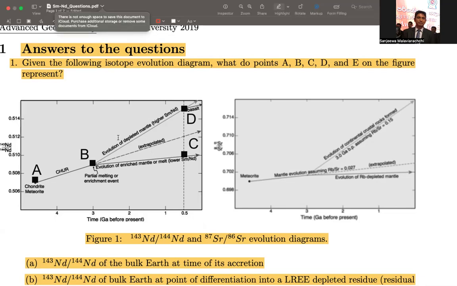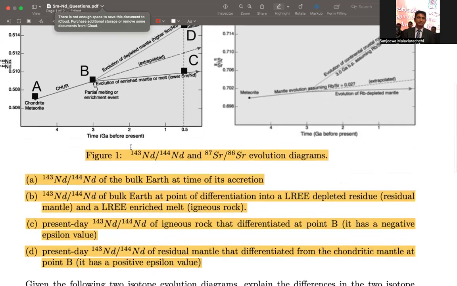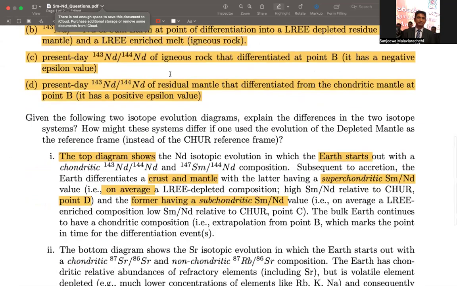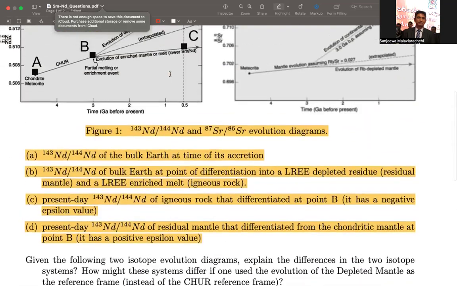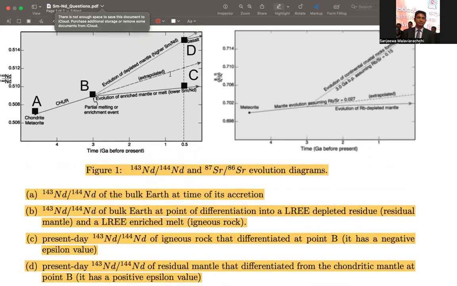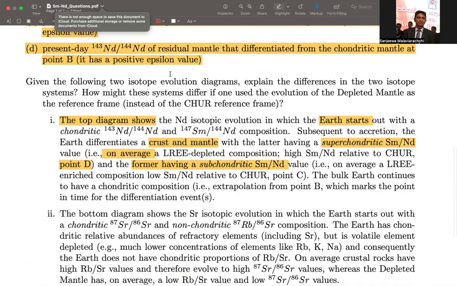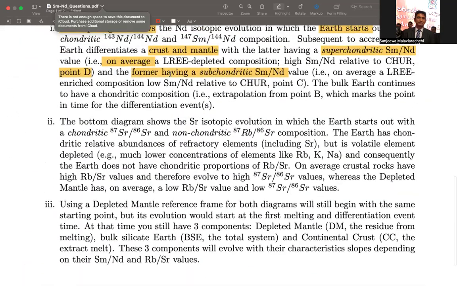So the mantle evolves in a superchondritic parent ratio, a samarium neodymium ratio, and the crust evolves in a subchondritic ratio. Because you are asked to describe these figures, what you understand by these figures matters. So that's why we want to see these as very important points.